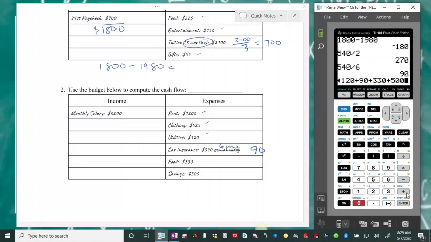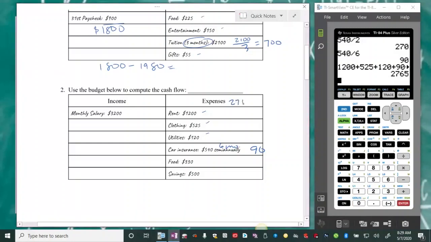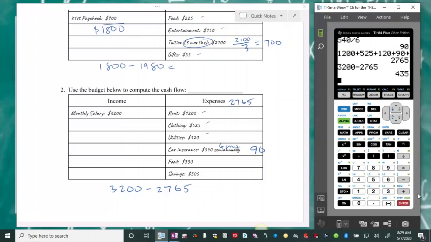And that's going to give me total expenses of $2,765. So I'm going to take my income, $3,200, minus my total expenses. So I'll just go ahead and do that here on the calculator. 3,200 minus 2,765. You don't need a fancy calculator for any of this, just doing some basic operations here.